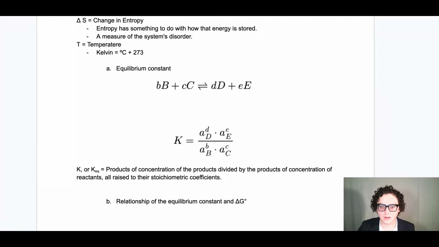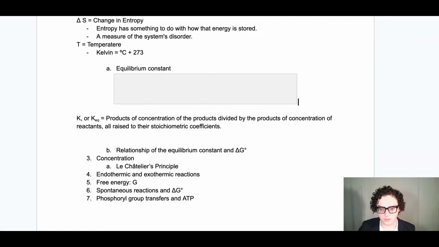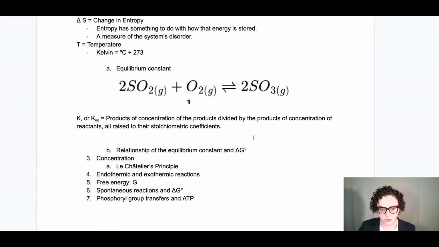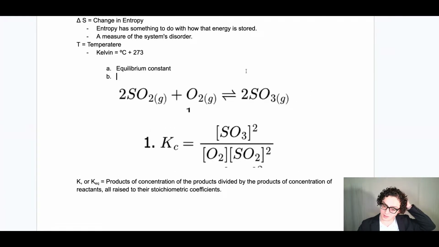All right, let's fix this a little bit. That definition was using a more advanced concept called activity, which is more accurate but not relevant for the MCAT. That's what all the A's were from. Here's an example. So let's learn through example.